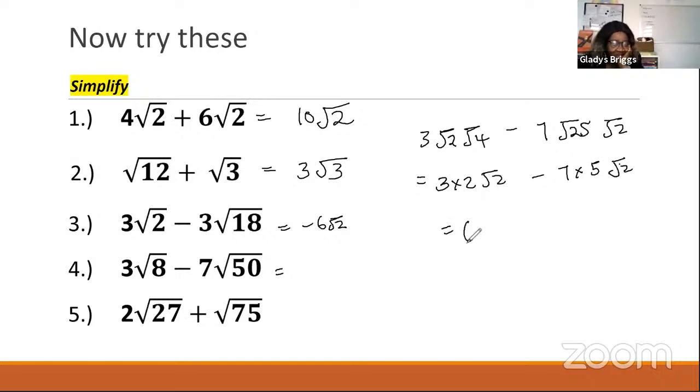This is equal to 6 root 2 minus 35 root 2. Is that minus 29 root 2? Let me see what you guys wrote in the chat. Well done. Abdurrahman, well done to you.